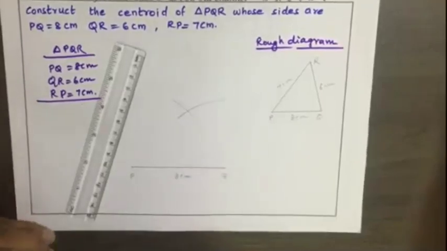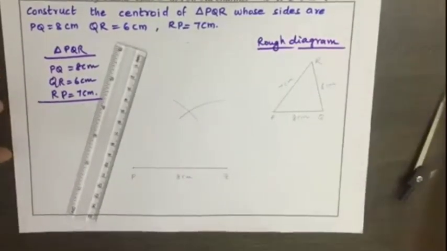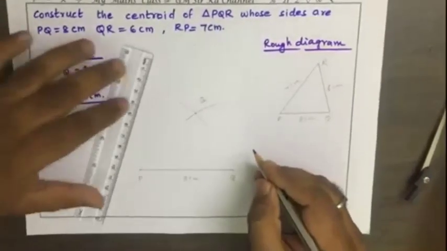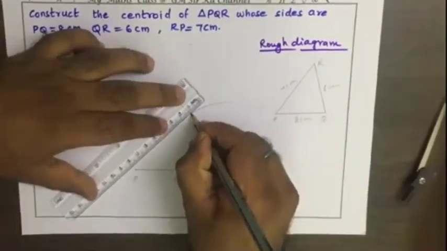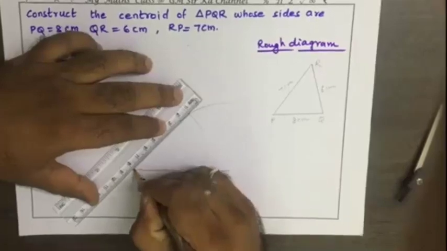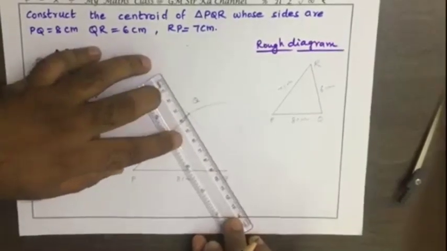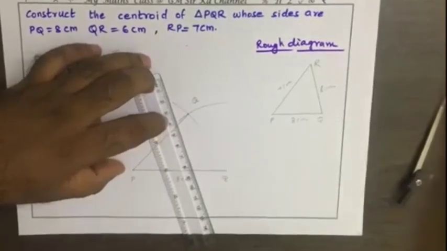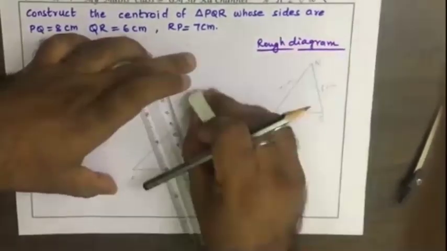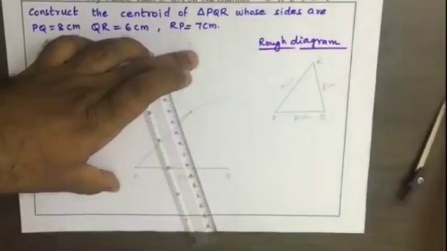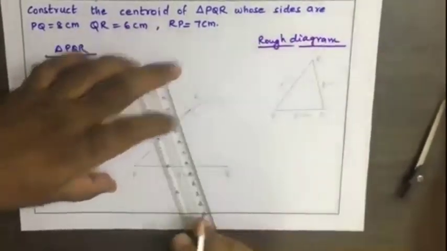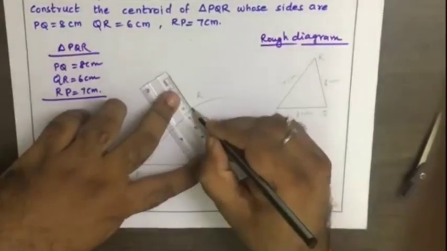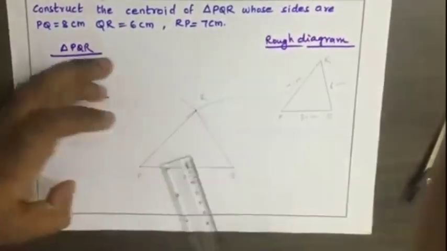The intersection point is R. Then join PR and QR. That is the required triangle PQR.